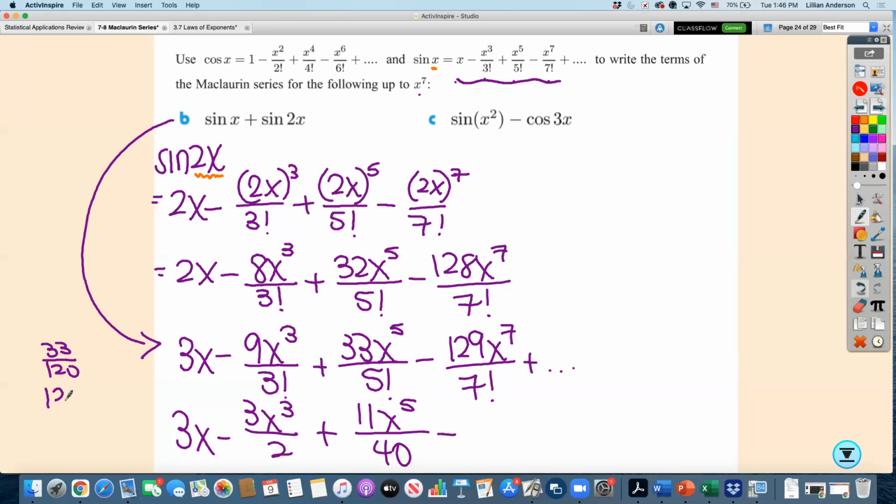And then 7 factorial is 5040. Is there a number that goes into both of those? 129.